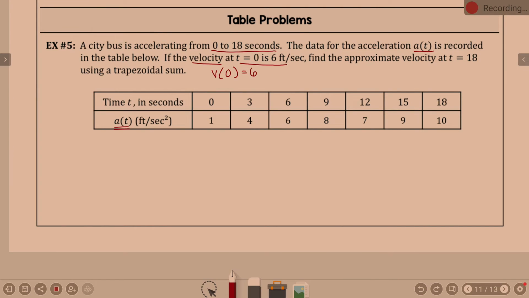So in order to find v of 18, I'm going to do the trapezoidal sum here. And it just so happens they want to know the velocity at 18. What's the time go up to? 18. Okay, trapezoidal sum.